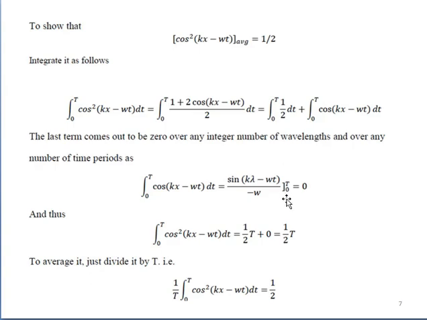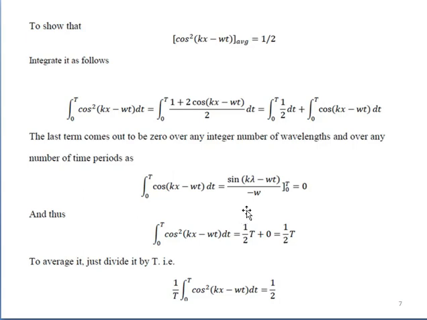The limit from 0 to T is equal to 0, because if you put T in this, omega is 2 pi by T, T is cancelled with T, and you get 2 pi. Similarly 2 pi by lambda is k, and over here you will get 2 pi minus 2 pi, sine of 0, so this term goes to be 0.